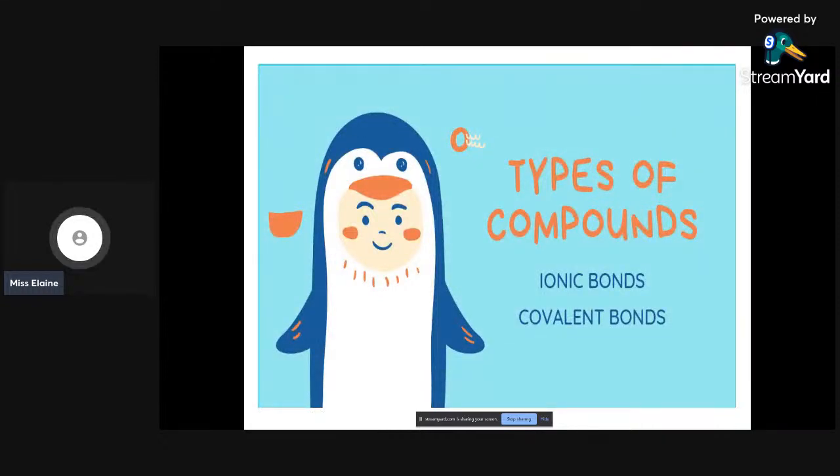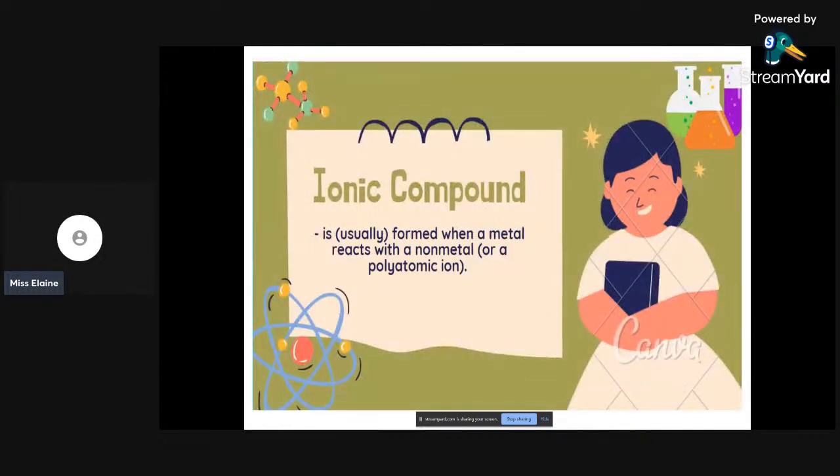So what are the types of compounds? We have here ionic bonds and covalent bonds. They are considered also as ionic compounds and covalent compounds. Bonds, they are the same. An ionic compound is usually formed when a metal reacts with a non-metal or polyatomic ion.